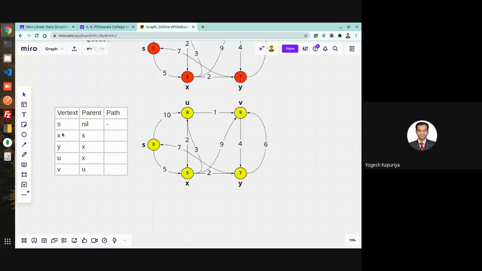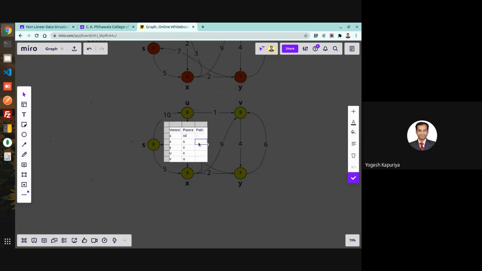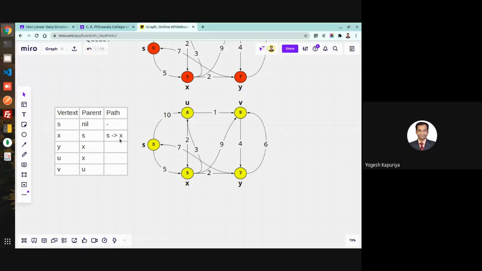Then find out what is the parent of this vertex. So what is the parent of X? It is S. That means path from S to X directly.